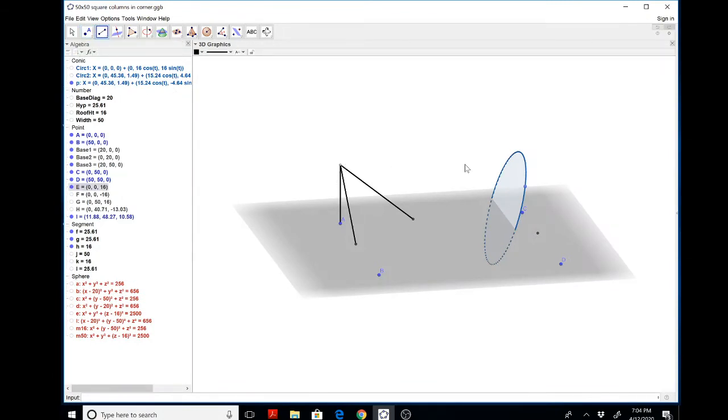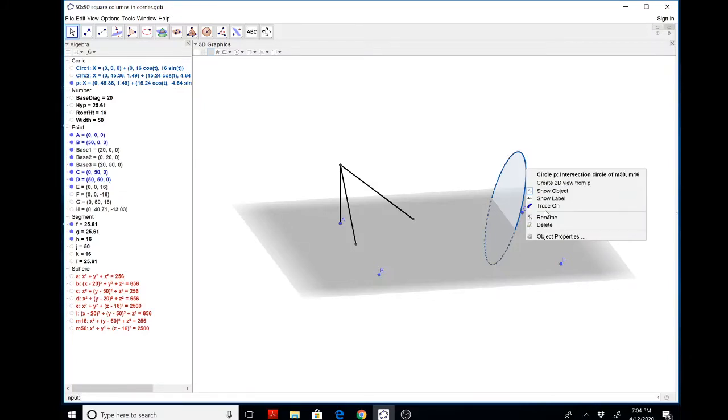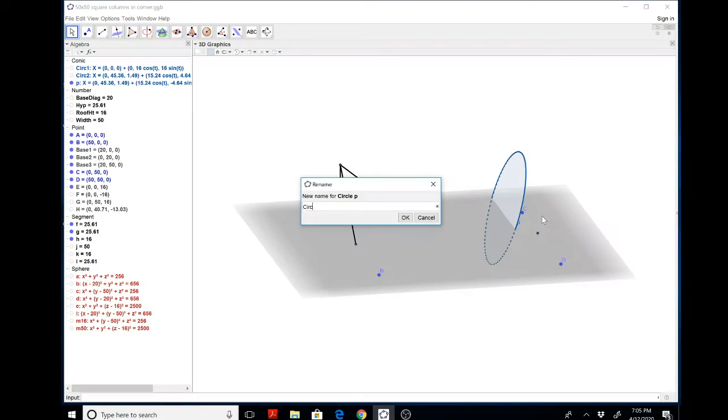That is not stable here. And you can see it's not stable. It's going to have this mechanism as a solution. So let me hide that point now, I don't really need it. It's fake. And I'm going to rename this as circle C, and hide that.